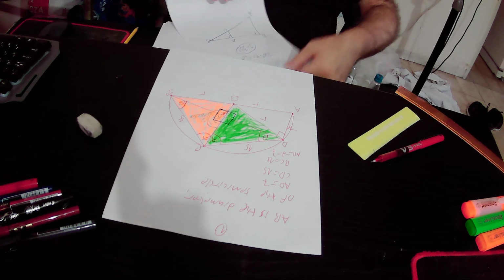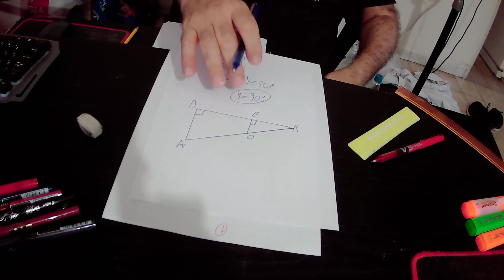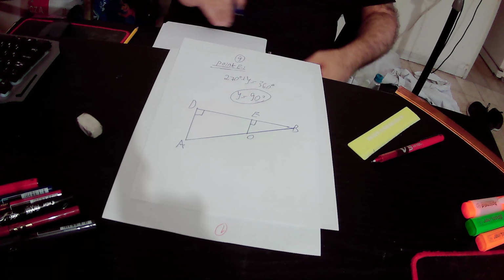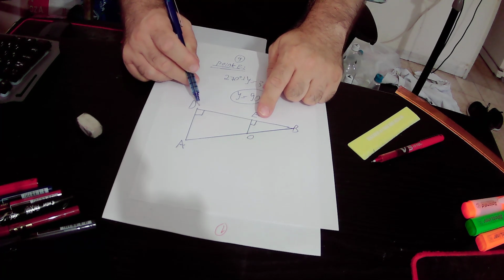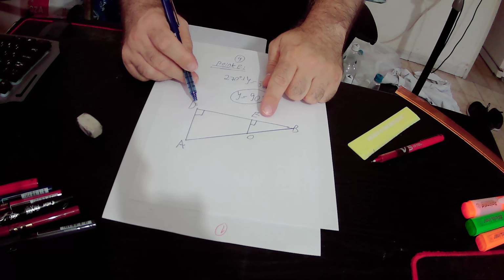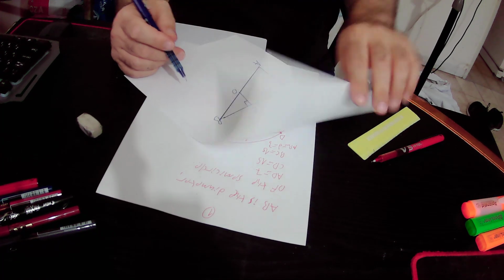So I do again triangle ADB, the big triangle, and triangle EOB. Those two angles are right angles. Both of them equal 90 degrees. Therefore, they are equal to each other.